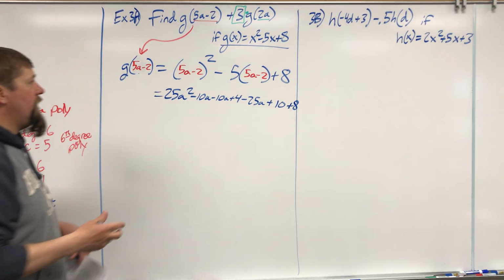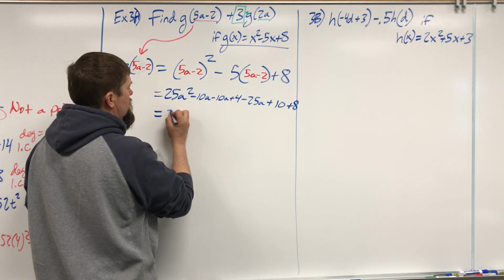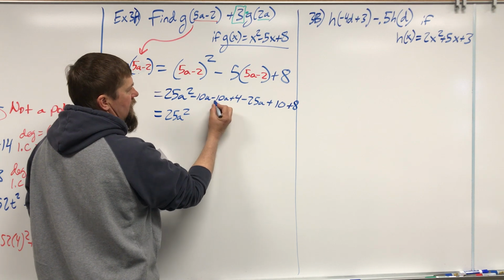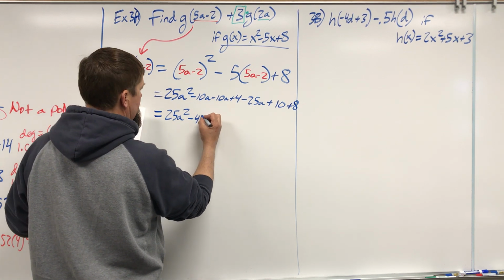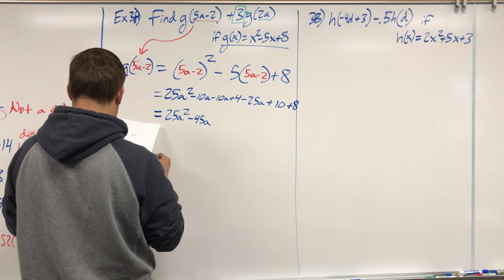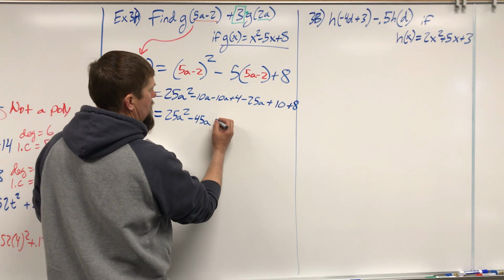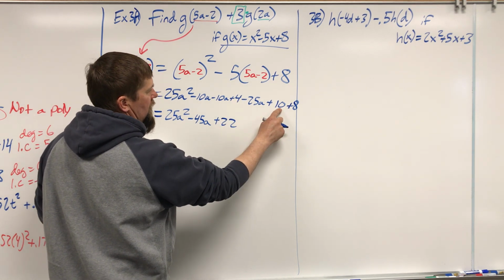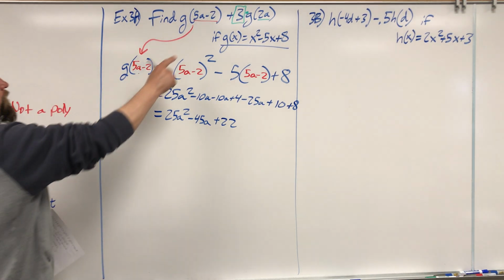Now I'm just going to go ahead and simplify this and get it into one thing. So 25a squared, minus 10 minus 10 minus 25 is minus 45a, plus 22, which is 4 plus 10 plus 8. Okay, so that's the first one.